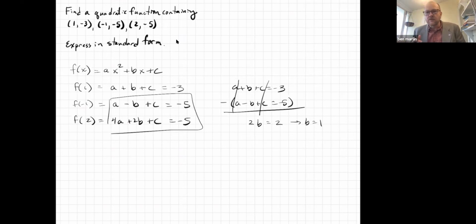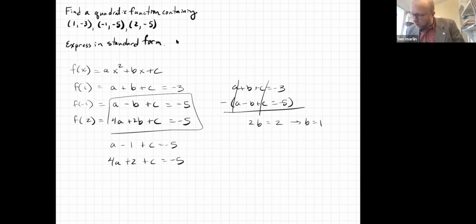You don't want to substitute back into both of the 2 equations that you just worked with, because it won't get you any more information. So I'm going to have a minus 1 plus c equals -5, and 4a plus 2 plus c is equal to -5.